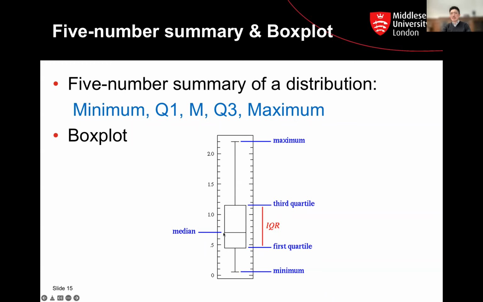You can see the median is more on the bottom. So that means the data is kind of skewed towards the lower values. There are more numbers of smaller values on this end.